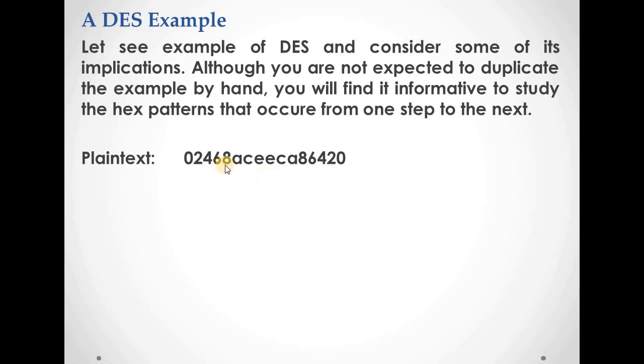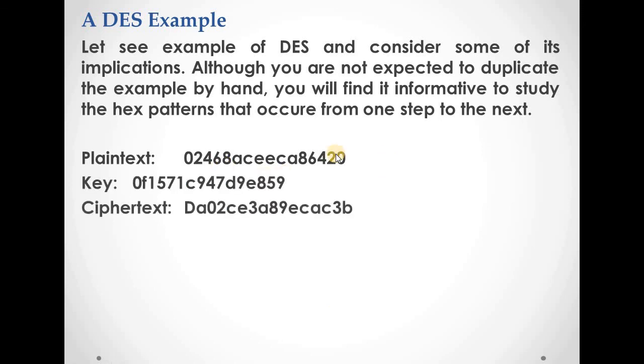Suppose our plain text is this, right, our key is this, and the ciphertext we will get using DES is this. So this is an example of DES, and in this we consider some of its implications.